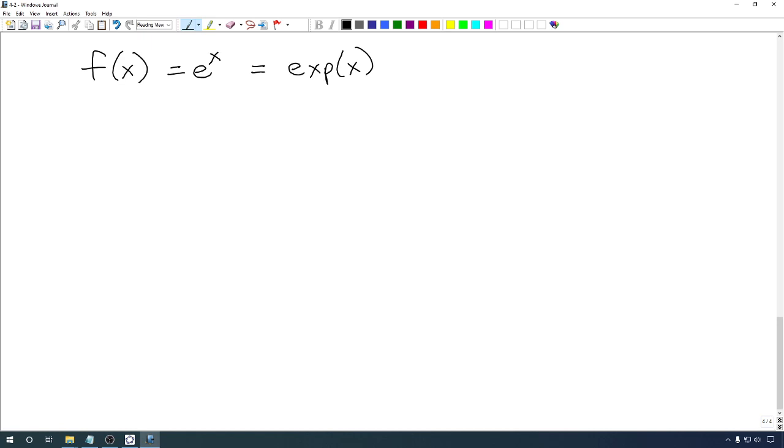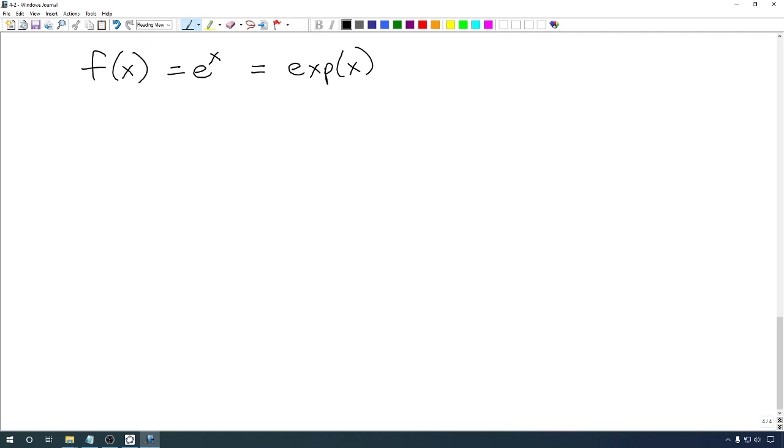I'll probably just refer to it as e to the x, or the exponential function, or something like that. The reason why the natural that is there comes into play more often when we get to logarithms. We'll actually be referring to a natural logarithm that's going to be based off of this function. But feel free to use that term if you prefer.